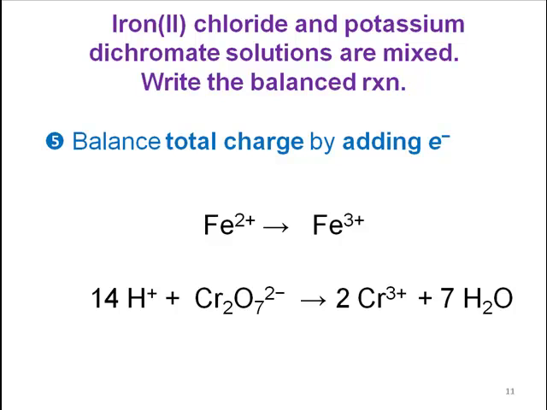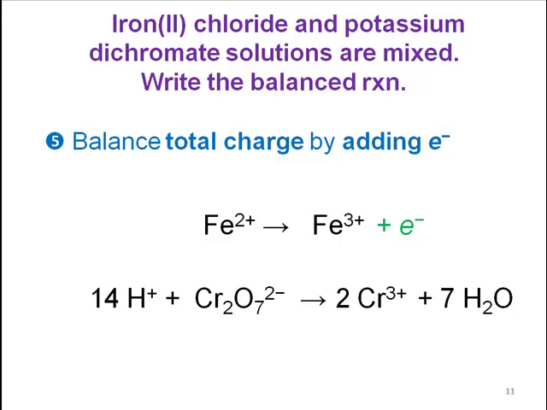So, in the first one here, we've got +3 and +2. Where does the electron go in this one? On the 3+ side, because it's negative. So we balance the electrons for that one.